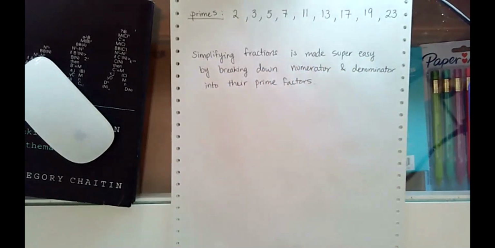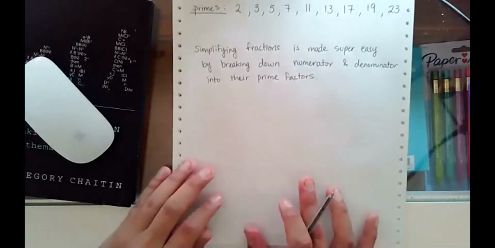Okay, so if your numerator or denominator are composite numbers, then we can break them down into their factors, specifically their prime factors, and then we can do some really awesome stuff with that, okay? If we remember that fractions in some sense are division problems, okay?